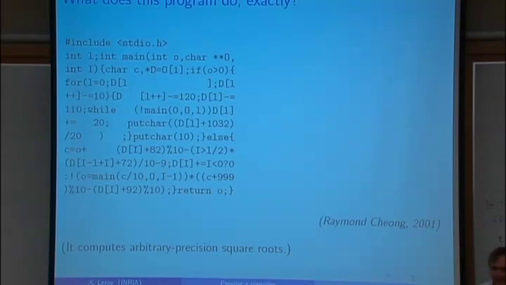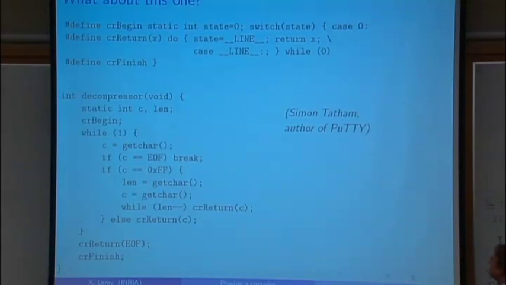And of course, this one is a joke. It's from the obfuscated C code contest, where people try to write the ugliest possible C programs. But here is one that is not a joke. So if you look at it, this is a decompressor for a simple compression scheme called run length encoding.